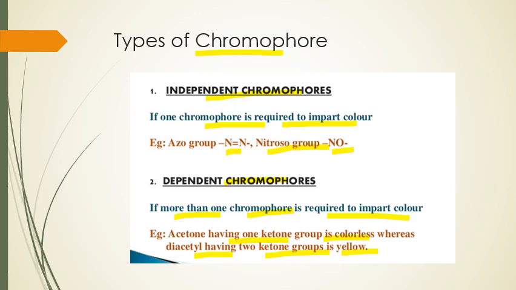Acetone has only one ketonic group, which is not responsible for color, but with two ketonic groups the compound becomes colored. That is the difference between independent and dependent chromophores.